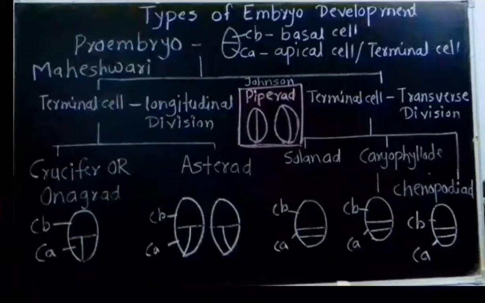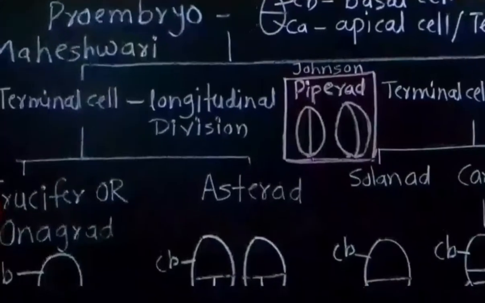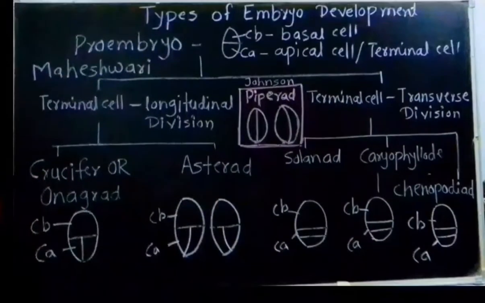So Maheshwari has recognized 5 main types of embryos in dicotyledonous plants. He used two criteria. The first criterion is how the terminal cell divides.